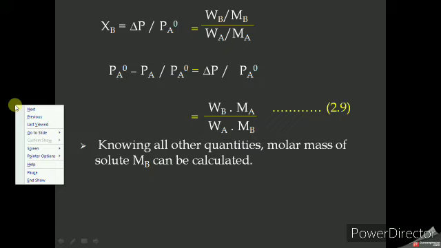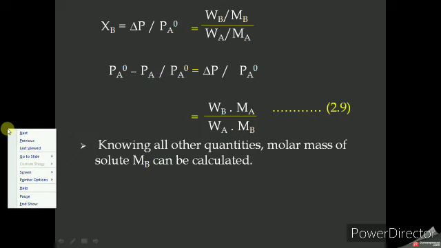Okay, so what is delta P? It is PA0 minus PA, which is equal to, so what is your equation? Relative lowering of vapor pressure is equal to WB into MA divided by WA into MB.